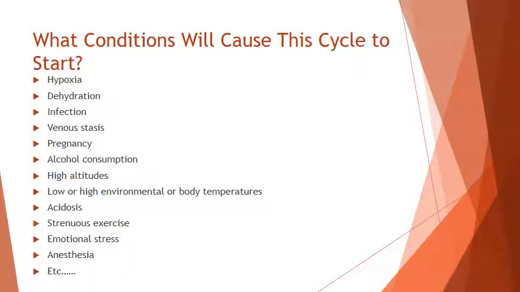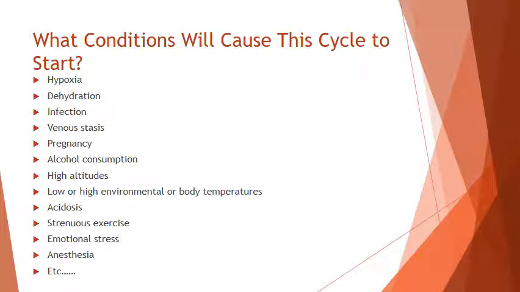What conditions might cause the cycling to start? Hypoxia and anything that causes that, and the rest of these may be causations of hypoxia. Dehydration, infection, venous stasis, pregnancy, alcohol consumption. High altitudes will cause a lowering of the oxygen.